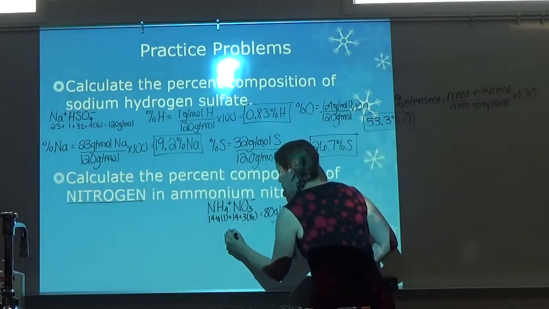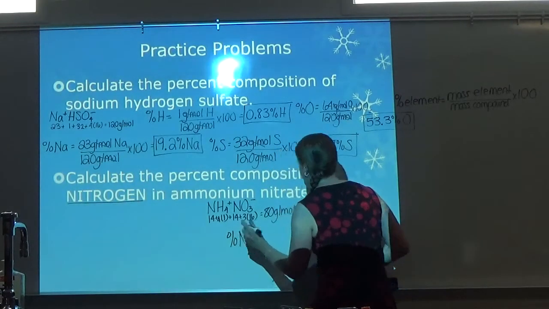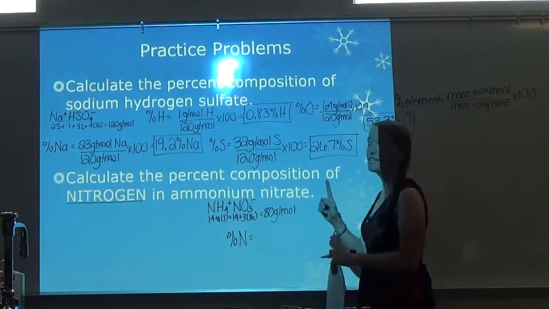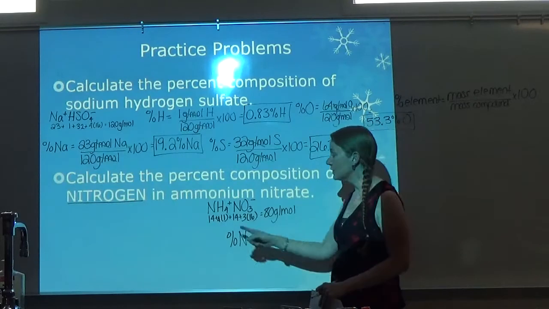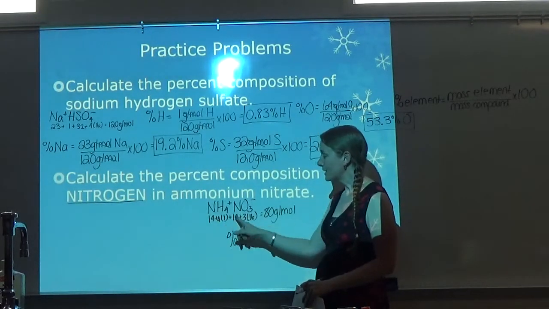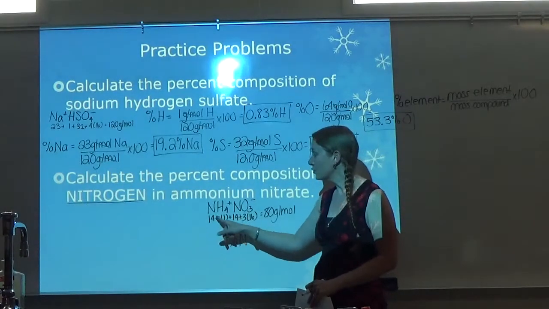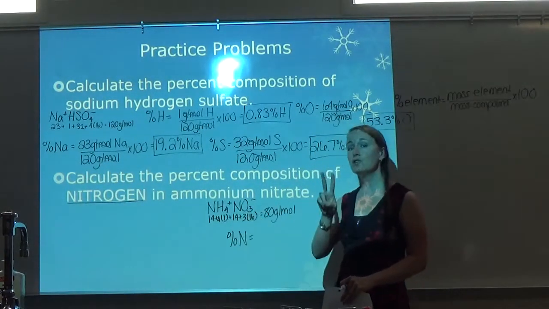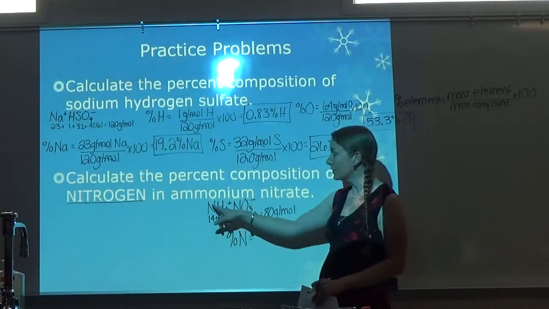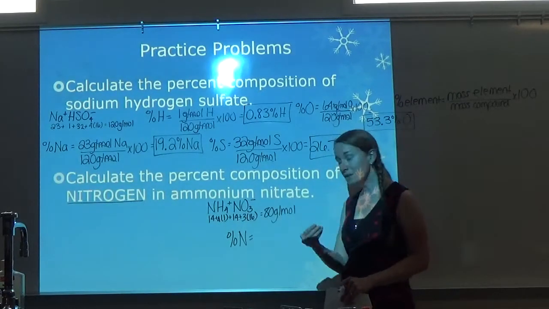All right, so my percent of nitrogen is the mass of the element. Now this is where you've got to be careful. Nitrogen is in more than one spot, so I don't just have 14 grams of nitrogen, I actually have 28 because there's two nitrogens. It doesn't matter if they're split up. You can combine them together.